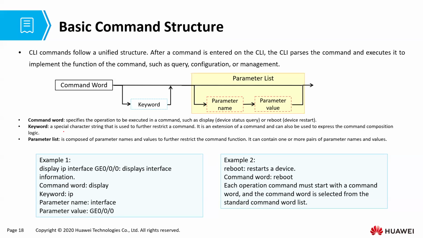Basic command structure. My commands are made of the command, the keyword, and the parameter values. The command specifies the operation which needs to be executed. Then we have the keywords, which are an extension of the command, as well as the parameters. The example given here is display ip interface.